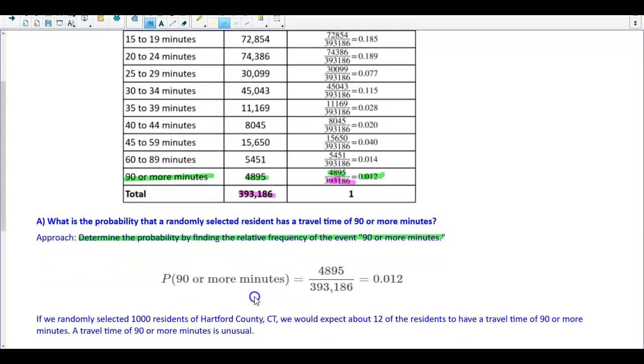And if you look here, to find the probability of 90 or more minutes, we take the value of the frequency of 4,895 and then divide it by the total frequency of 393,186 to get the probability of 0.012.